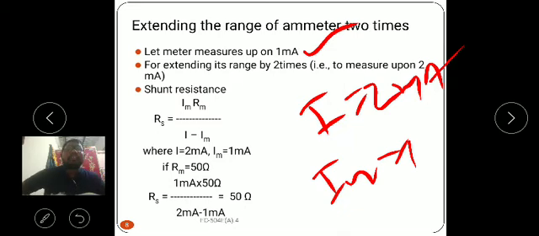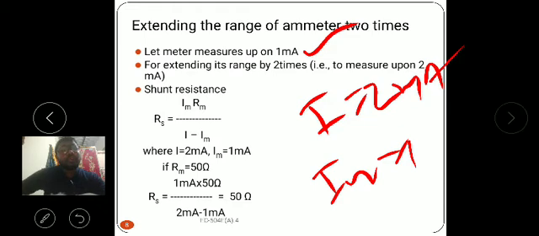Then RS is equal to 1 milliamp into 50 ohms divided by 2 milliamps minus 1 milliamp. We get RS equal to 50 ohms. So the measured current range of 1 milliamp is extended 2 times, to 2 milliamps, and the shunt resistance RS is 50 ohms.